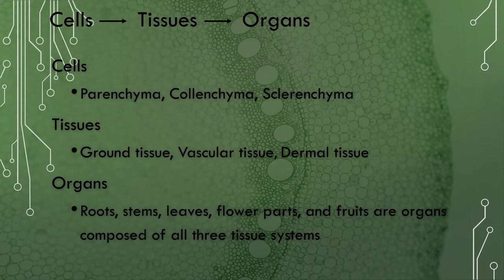Okay, so what we're going to look at now are the different cell types and the tissue types and how those make organs. And that's, again, the basis of anatomy. And this is going to carry us forward when we look at Animalia. So we are multicellular organisms. So that means that our bodies are made out of cells. Okay? But those cells group together, and different types of cells group together, and they form tissues. Okay?